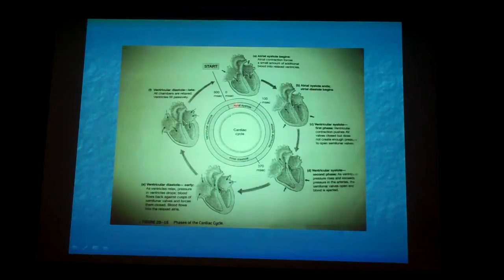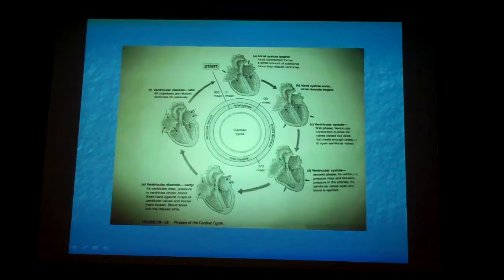So let's start right here at 0 and see what's happening. This circle represents what's happening in the atria, and this outer rim represents what's happening in the ventricles. Are you with me so far?